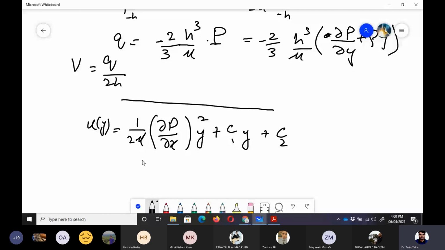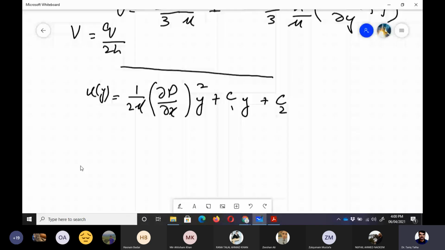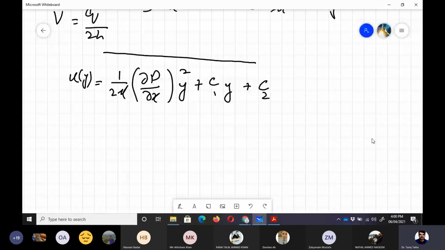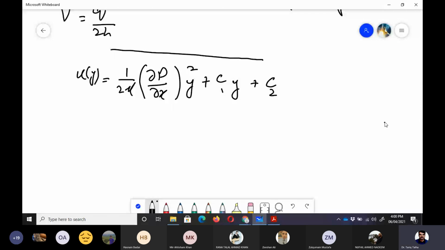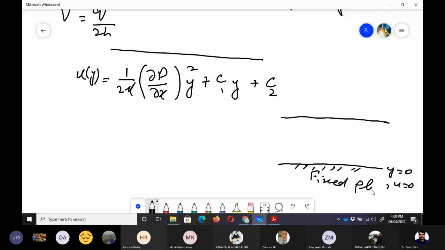Now we need to apply the boundary conditions to get the values of C1 and C2. So first of all, let me draw the schematic here. Here, this is y is equal to 0, so u is equal to 0. This is the fixed plate. Now this distance is b, and here u is capital U at y is equal to b.